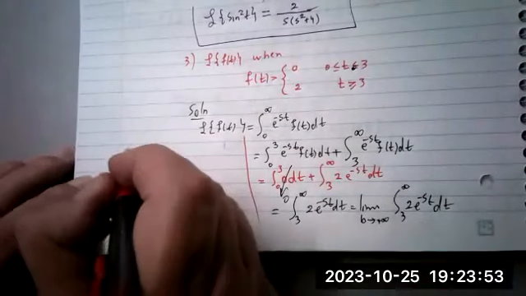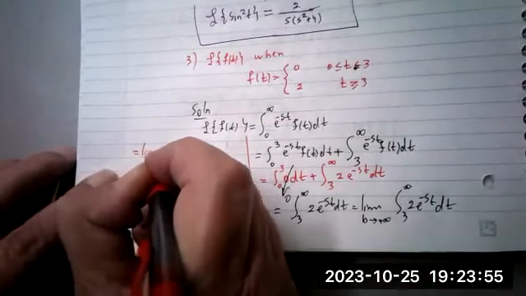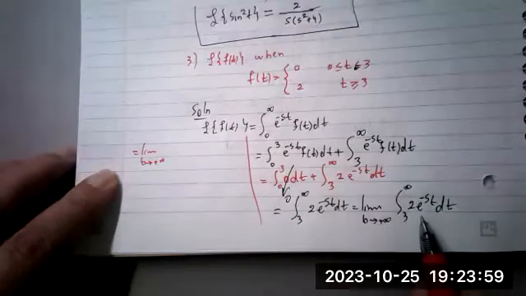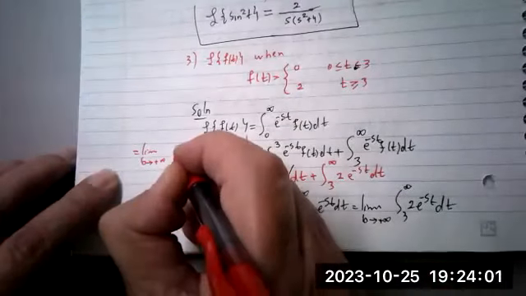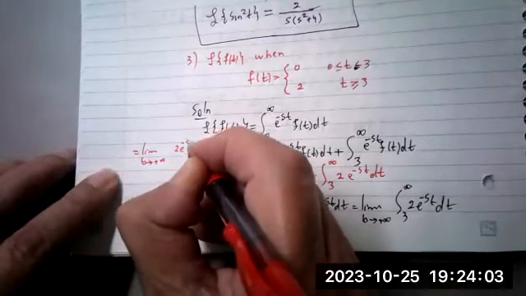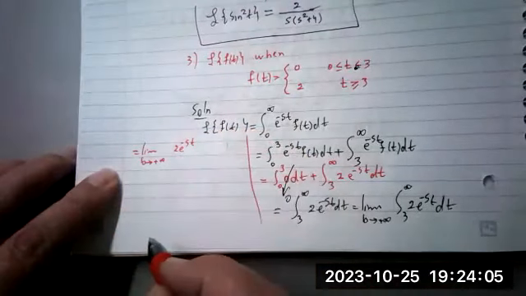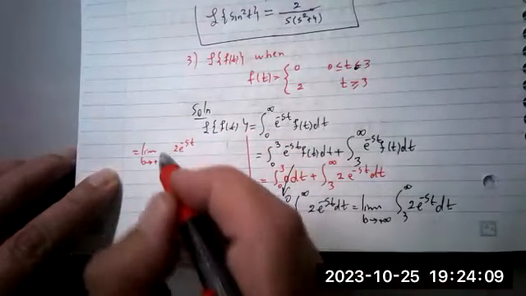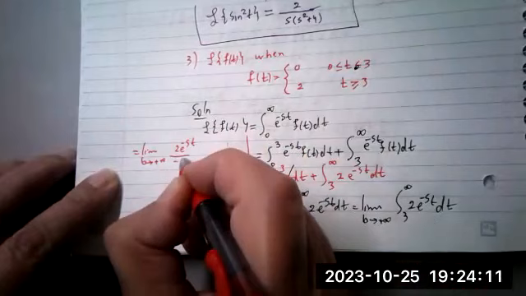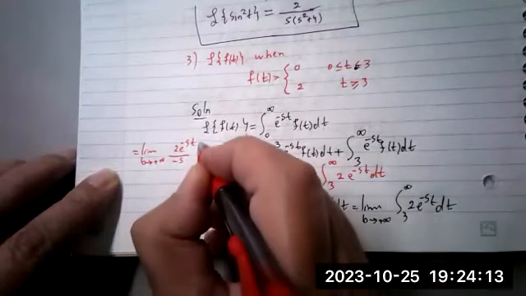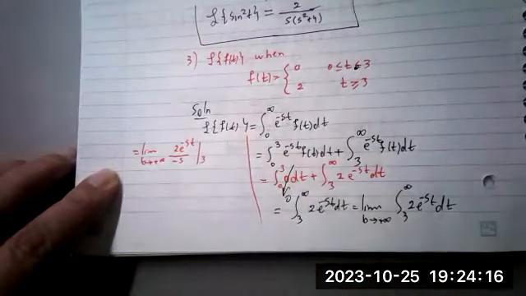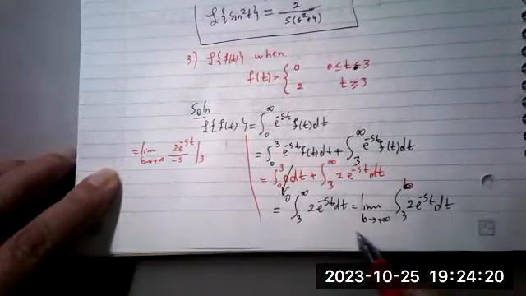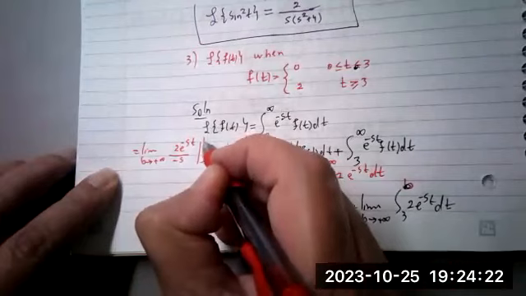So I'm going to continue here to finish it. It's going to be equal to what? The limit as b goes to positive infinity of 2, the same. Exponential function is going to be exponential function, but remember, you have to divide by u prime. U prime, the derivative of the top with respect to t, would be negative s. It's going to be evaluated from 3 to b, then b goes to infinity.